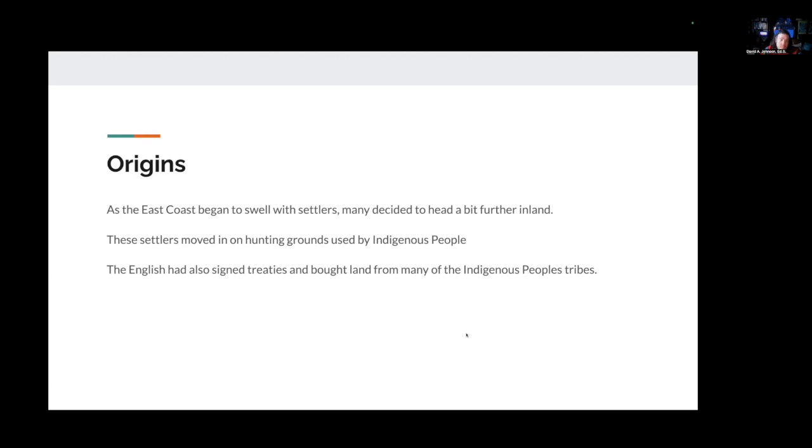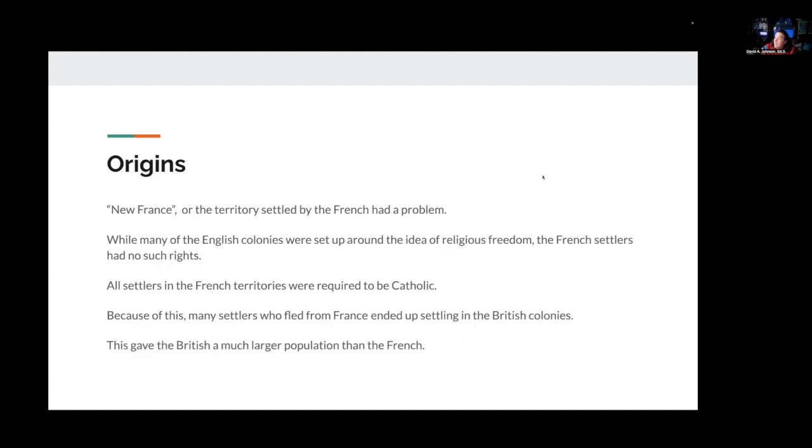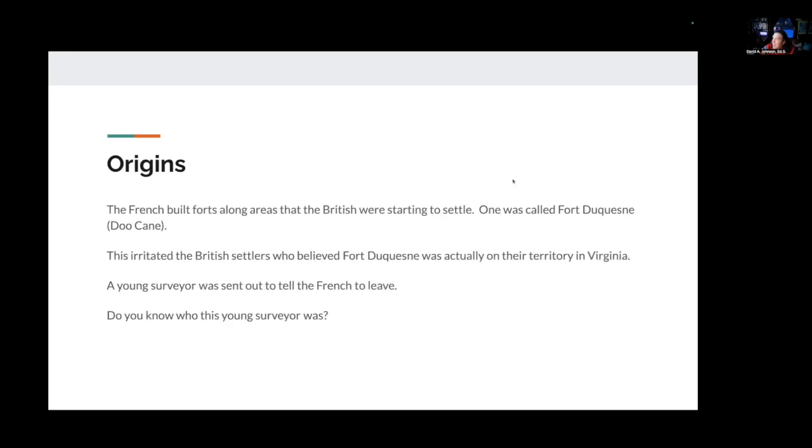The vast majority of them are negative, probably from the indigenous standpoint, because they went from, yep, we live here, to, yep, we don't live here anymore because you've taken our land. So as we move further in, we run into this problem of overlapping groups trying to set up and grab territory in similar spots.